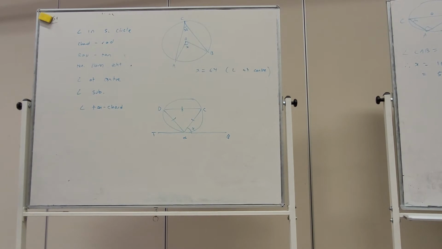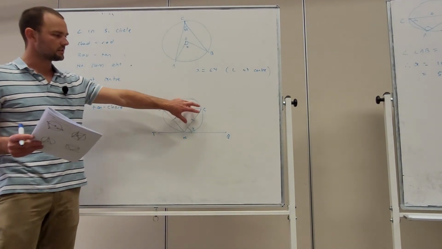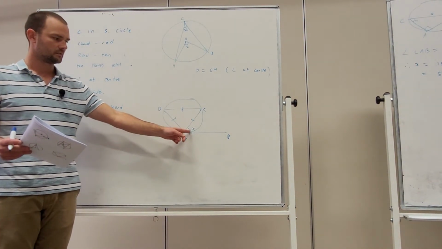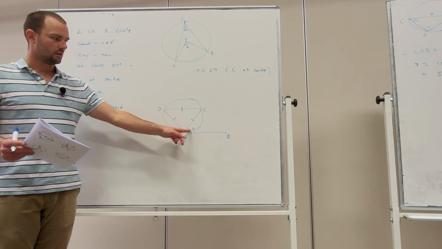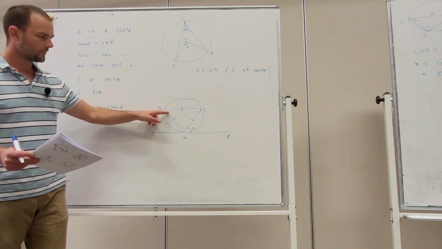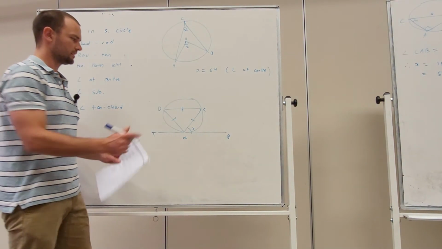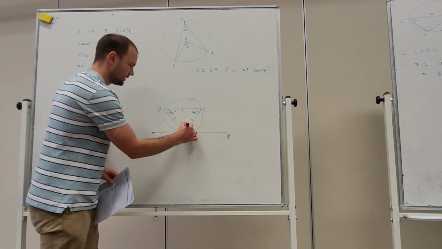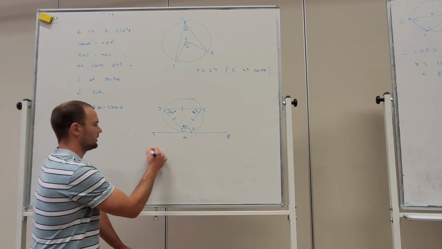Okay, last one here. We've got an equilateral triangle inside a circle, and we're trying to find angle x. So firstly, all of these angles are going to be 60 degrees, aren't they? Because it's an equilateral triangle, so we've got 60, 60, 60. So let's make that statement.